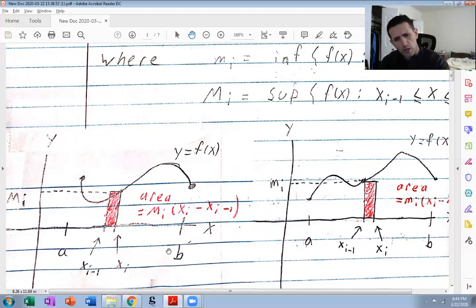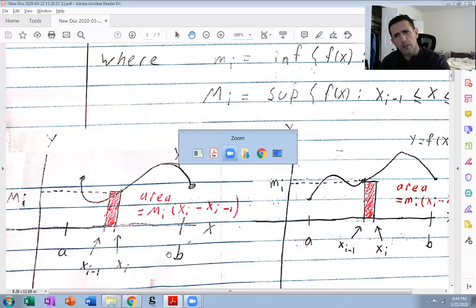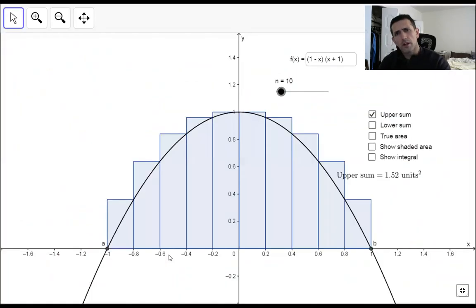Okay, so to motivate the definition of the Riemann integral and Riemann integrability, let's just look at this really nice function, 1 minus x, x plus 1, from -1 to 1.